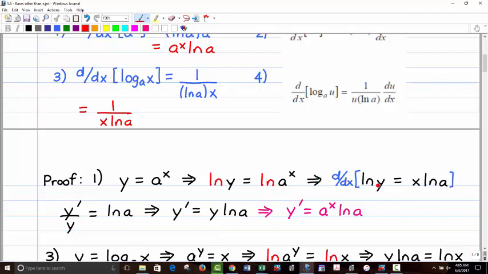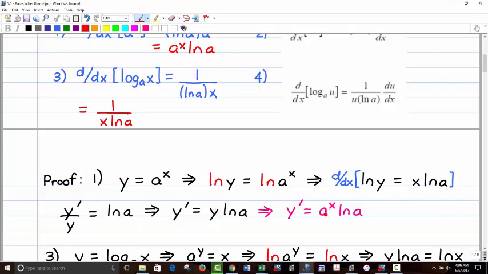If it was d dx of ln of x, it would just be 1 over x. But if it's a different variable, it's got to be that variable prime over that variable, so y prime over y. On the other side, the derivative of x is 1, but you have the ln of a multiplied there, so it stays. So we have y prime divided by y equals ln of a. You bring the y up, and the last step is always to change it back to x, whatever it was originally.